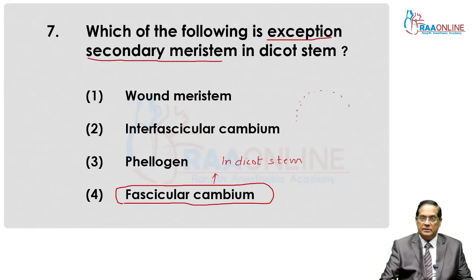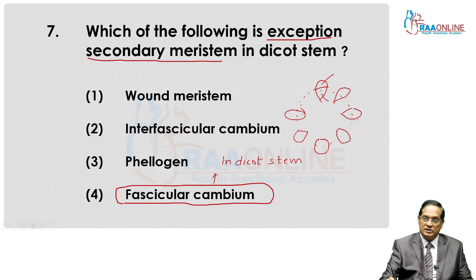In dicot stem, vascular bundles are arranged in a ring. These are the vascular bundles of dicot stem. On the outer side, primary phloem, and towards the inner side, primary xylem. This is the identification of dicot stem also.